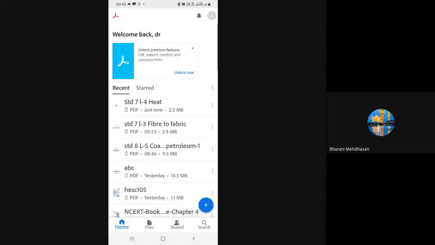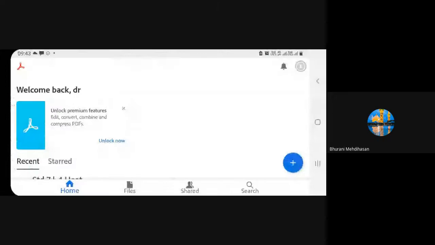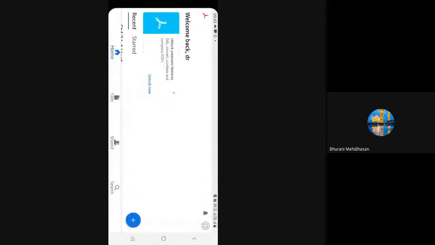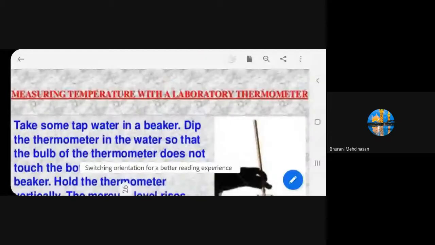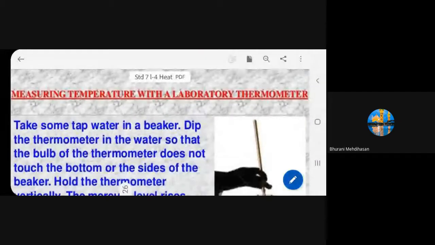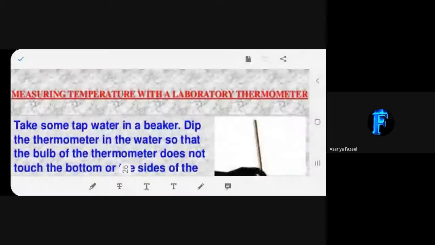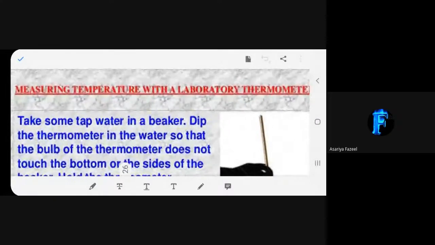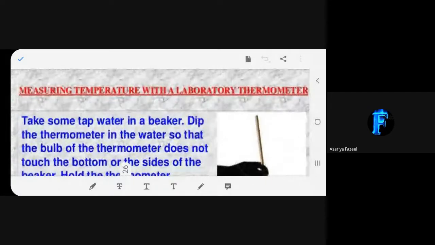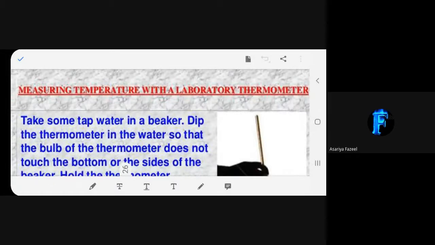Can you see it now? Okay. Read it. Start reading. I said start reading, Vita.